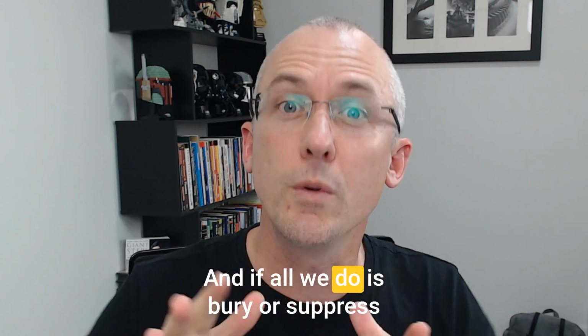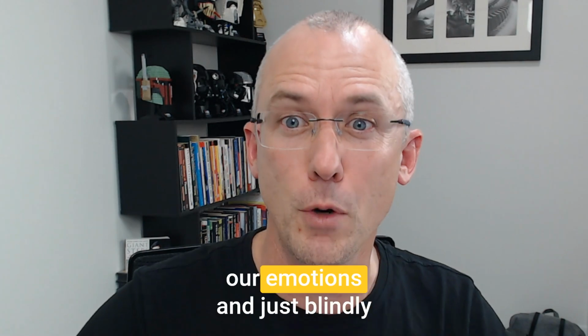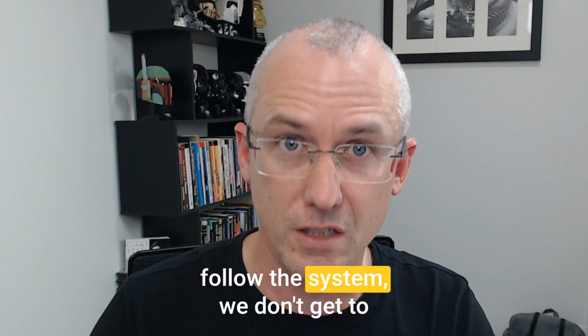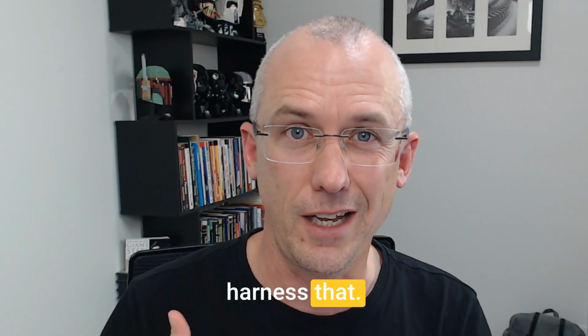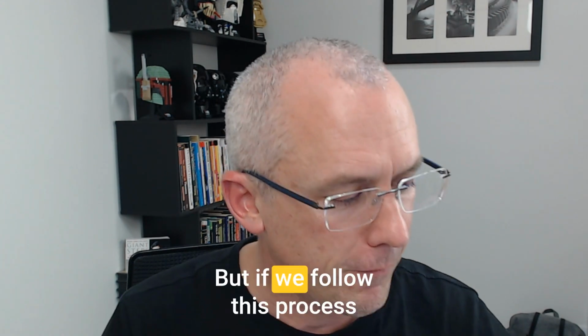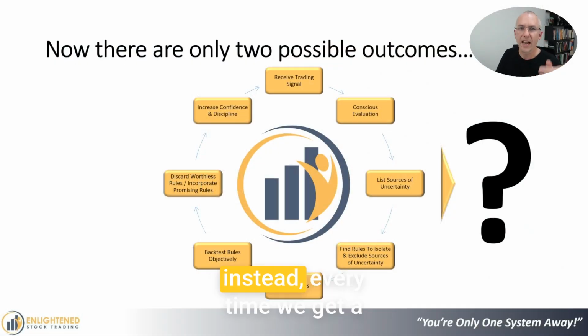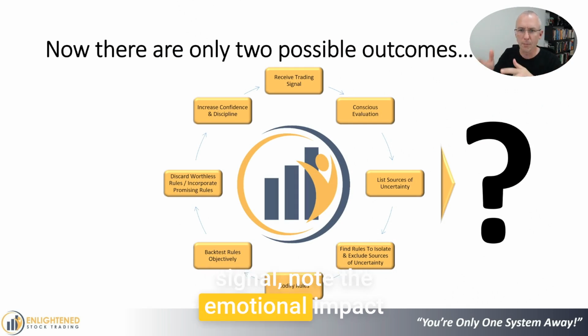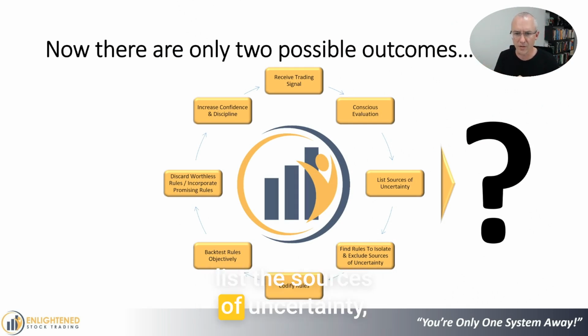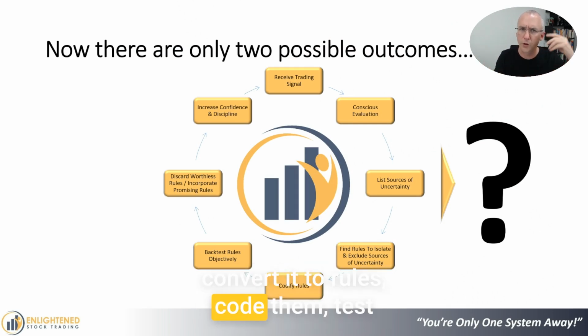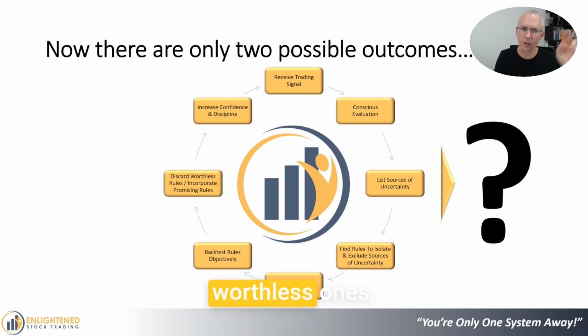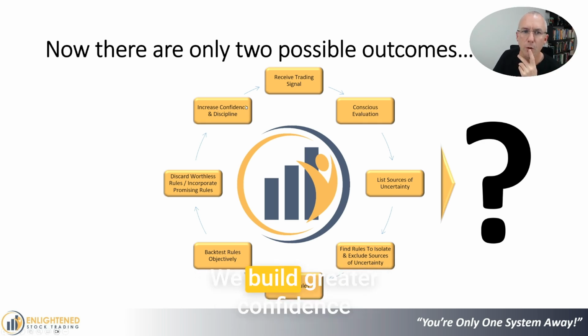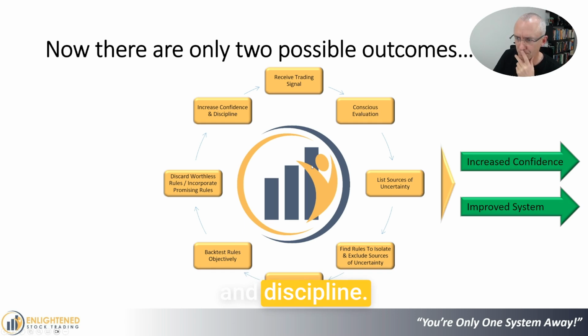And if all we do is bury or suppress our emotions and just blindly follow the system, we don't get to harness that. Yeah? But if we follow this process instead, every time we get a signal, note the emotional impact, list the sources of uncertainty, convert it to rules, code them, test them individually, discard the worthless ones, we build greater confidence and discipline.